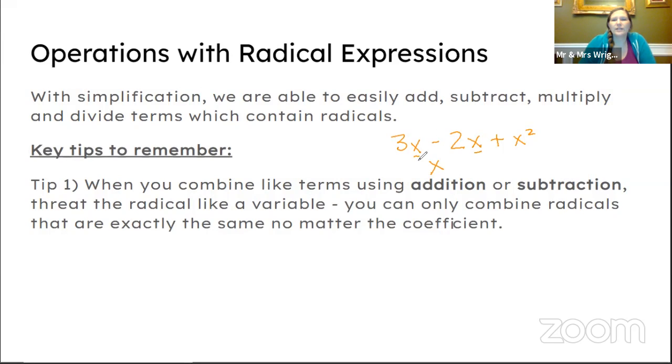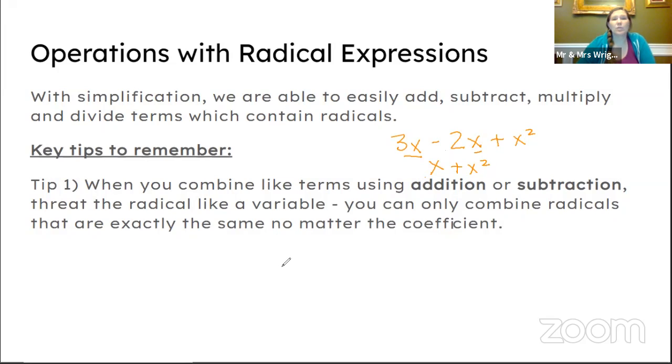So a positive 3 and a negative 2 combine to be a positive 1, which we don't technically need to write because it's implied. Anytime you don't have a number in front of a variable, a positive 1 is implied. So I'm just going to leave it as x. And then we would just add this plus x squared here on the end. It's kind of in the wrong order, you'd have x squared at the beginning, but you get the idea.